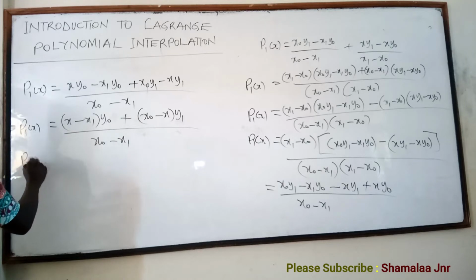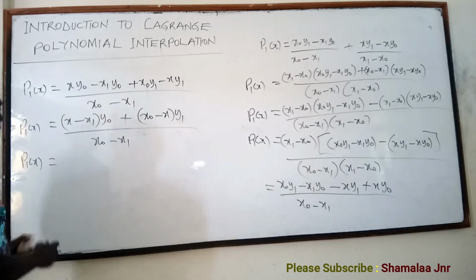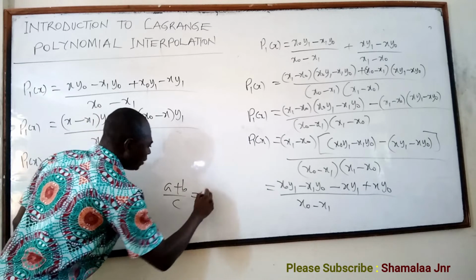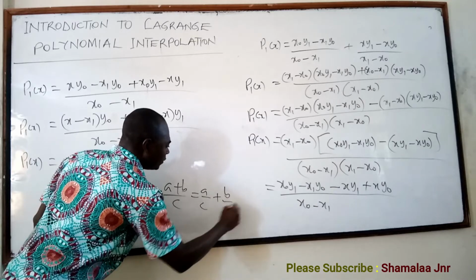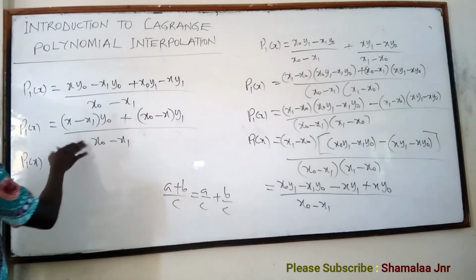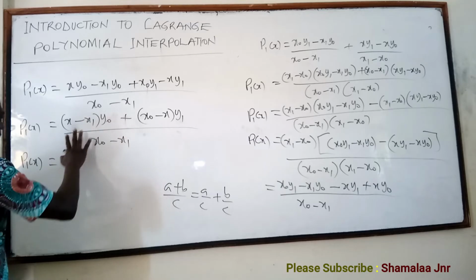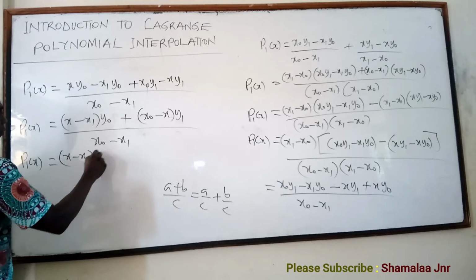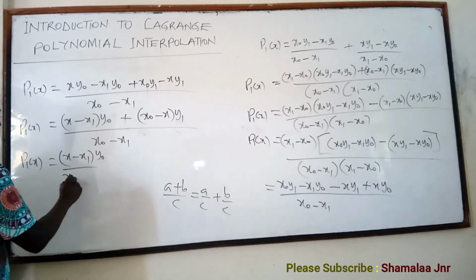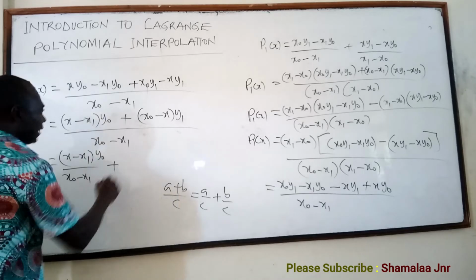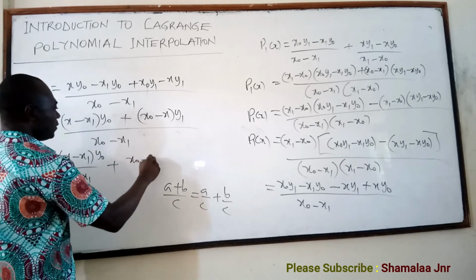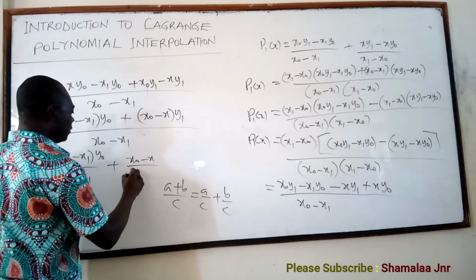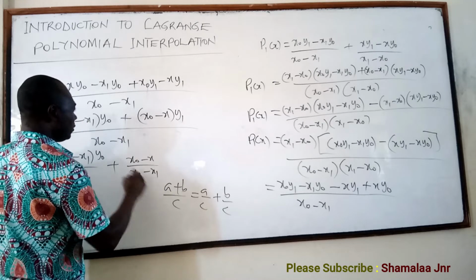Now p1 of x is now equal to, now you guys only have something like this. When you have a plus b all over c, it is the same as a over c plus b over c. So similarly, we are going to write this one as, this is the same as x minus x1 all over s0 minus x1 plus, then I'll go to this side, s0 minus x over s0 minus x1.